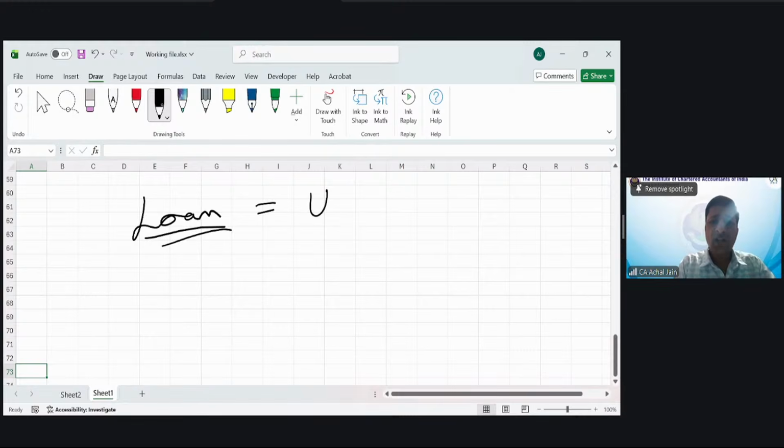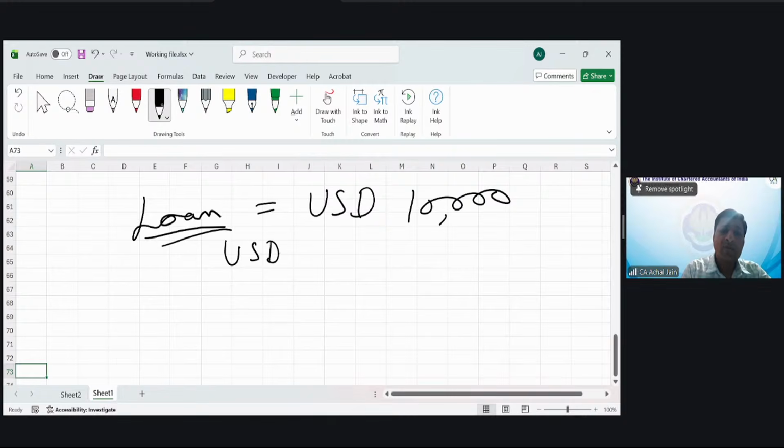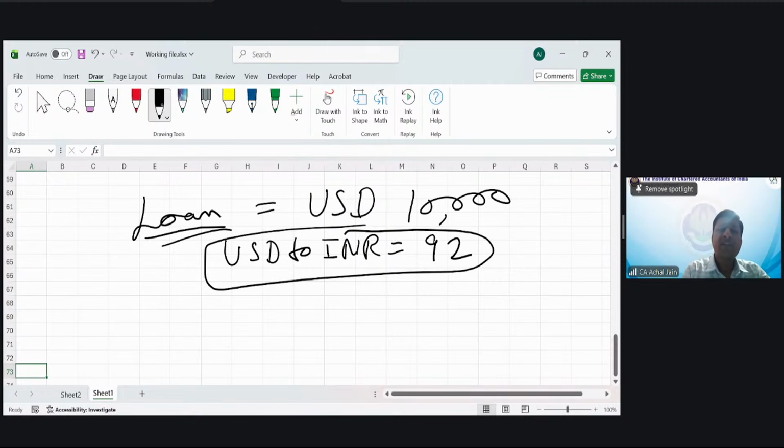So the loan is taken in USD, 10,000 USD. So can you record this in the books at 10,000 USD? No. Let's suppose USD to INR conversion rate on the date the loan is taken is 92. So what will you do? How do you record it?